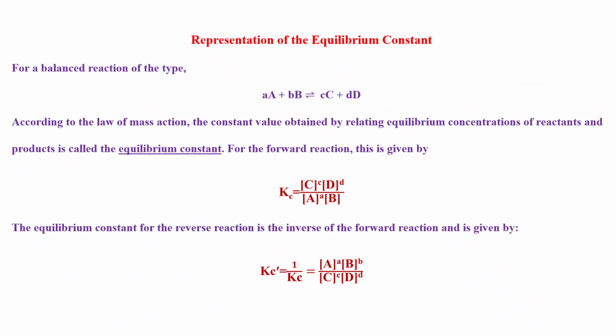Next we see how we represent the equilibrium concentration. For example, we have the balanced reaction aA plus bB forms cC plus dD.